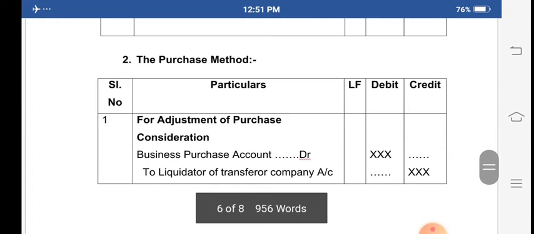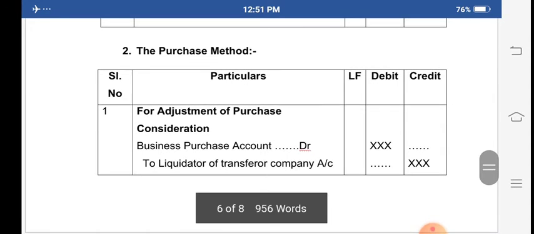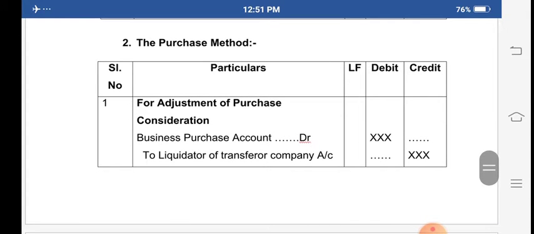Now in this session we will see how to pass the opening entries in the books of the transferee company with the help of the purchase method.